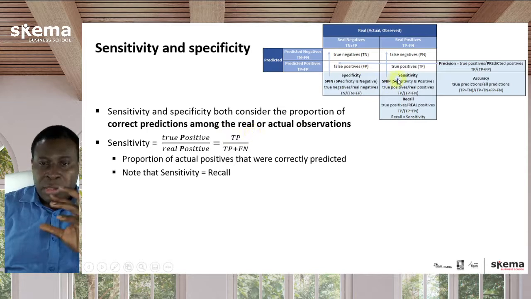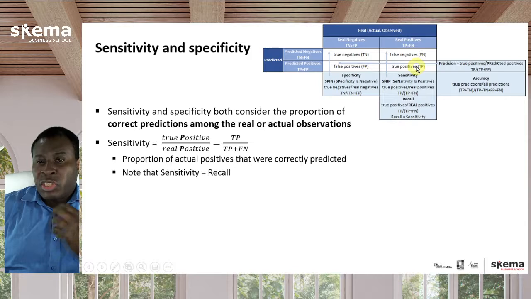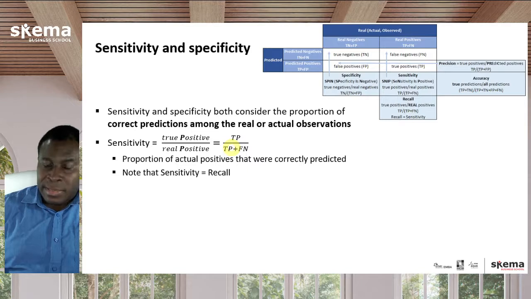Sensitivity looks at true positives out of all the real or actual positives. So out of what actually was positive, what proportion did the model correctly predict? That's true positives over real positives. You might note that the formula for sensitivity happens to be exactly the same as for recall. They are just two different perspectives of looking at exactly the same thing.